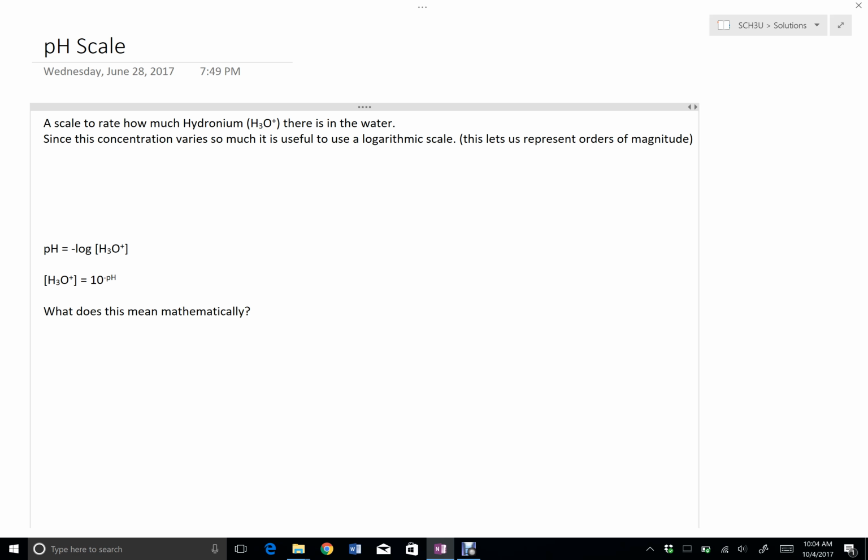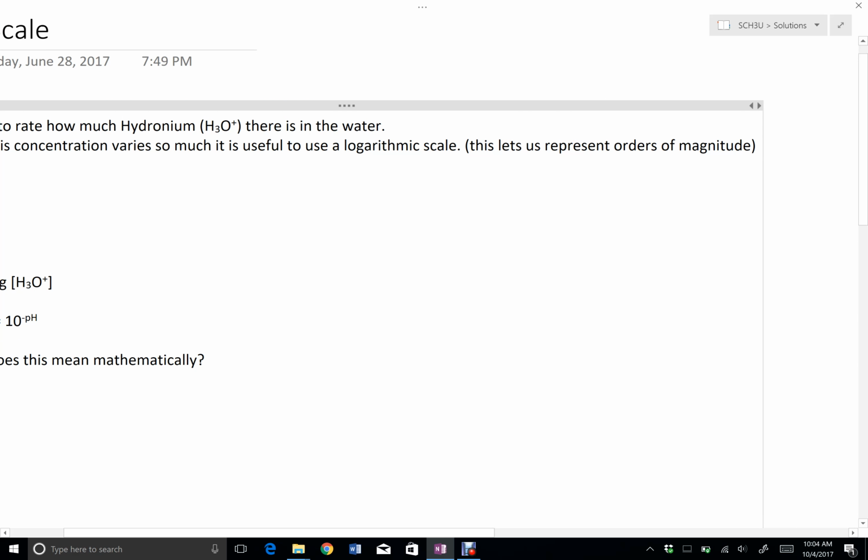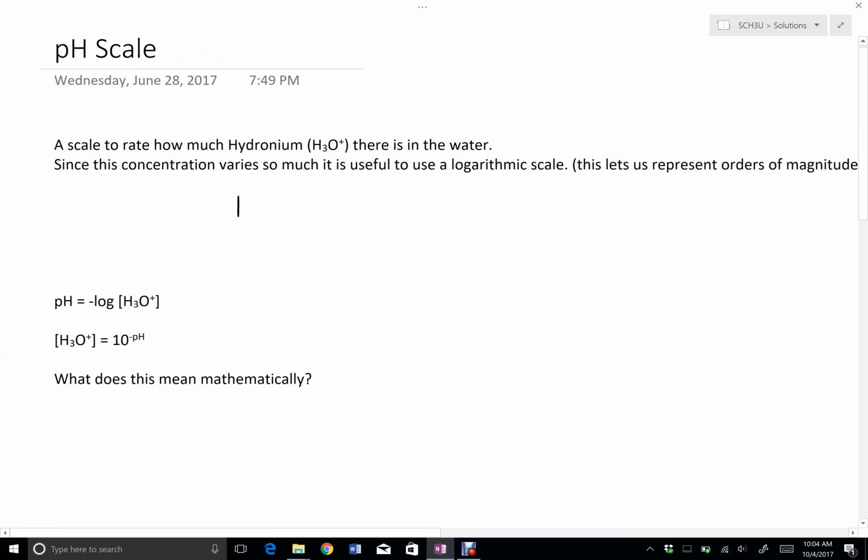So remember I said that in neutral water, H2O will react with another H2O to produce H3O+ and OH-.